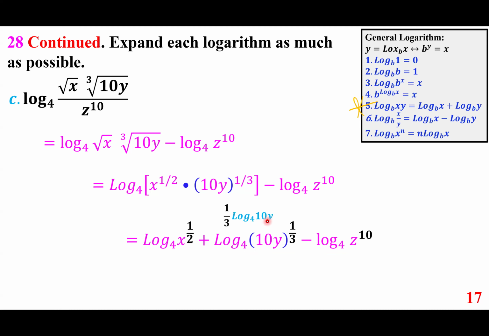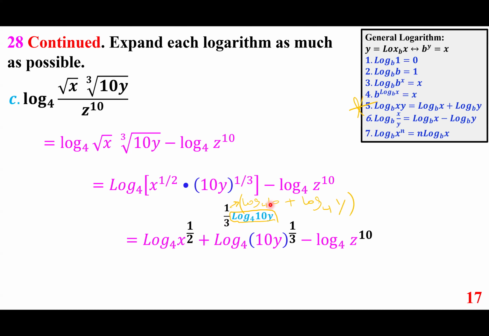Now you can cut this into two pieces. In other words, this is log base 4 of 10 plus log base 4 of y. Okay, that means this one, 1/2 sits in front, 1/2 log x base 4.